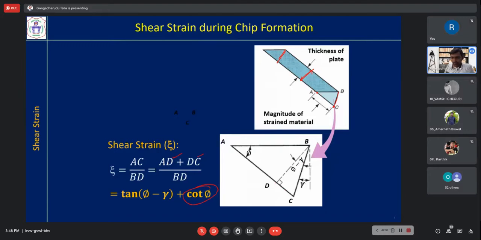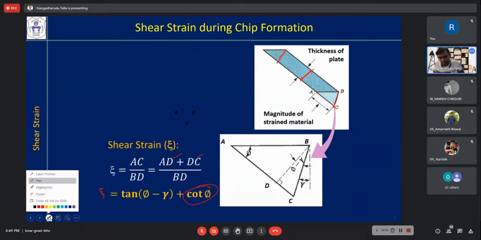And DC is the opposite side for this phi minus gamma. So tan phi minus gamma. Now this is how we will estimate the shear strain zeta, once you know phi and gamma. Gamma is anyhow known to us because that is tool dependent rake angle.